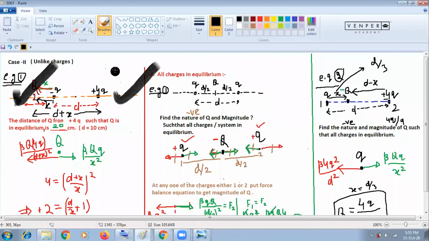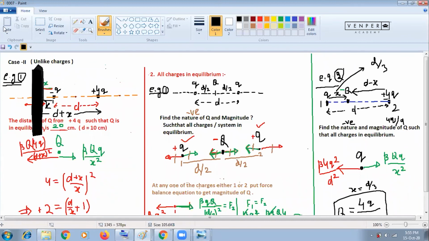But on the plus 4q side you will never get an equilibrium point, because plus 4q will be at a very small distance from the third charge, and it will repel the charge. But there is a chance that you can balance outside minus q.